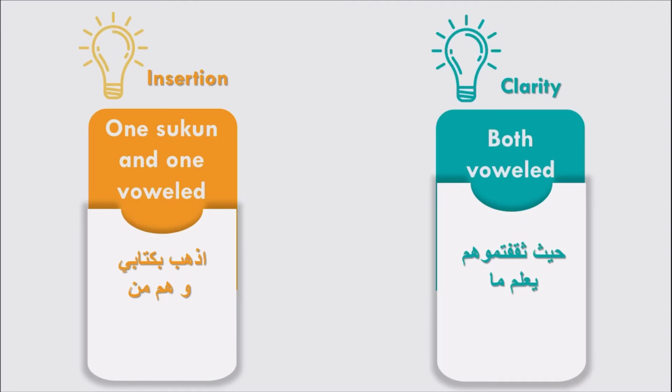So according to the last two probabilities, if the two letters are voweled, in this case it will be clarity. So we have to read each letter clearly and give it its needed haraka and its needed time and everything.